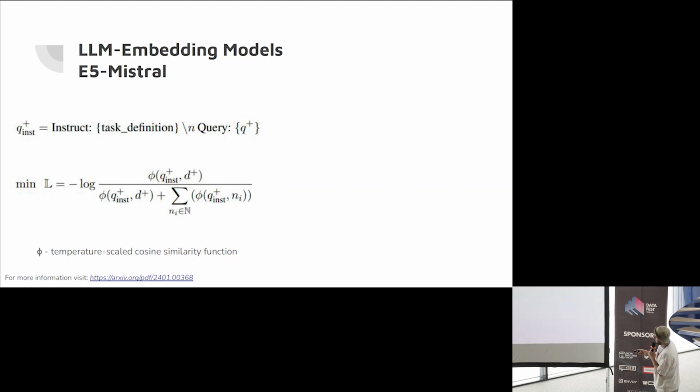And the cosine similarity function in this bottom part, the sum, is for the negatives. So in this case, they use in-batch negative examples and also hard negative examples. They basically already have defined the negative examples for pairs, and for each query and passage pair, they treat the rest of the rows in this batch as negative examples.